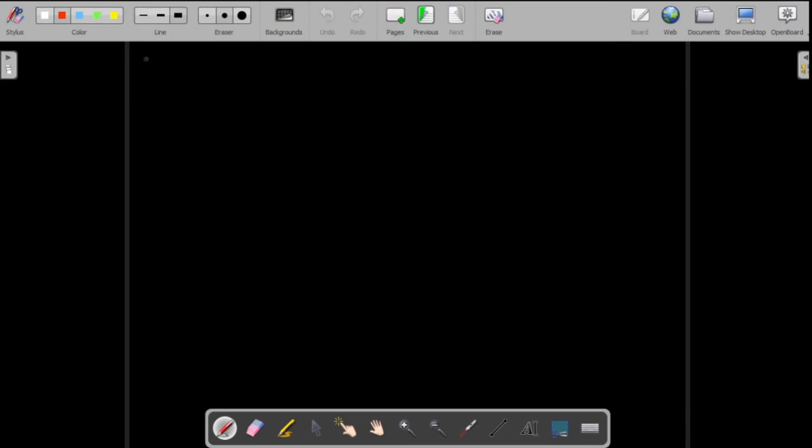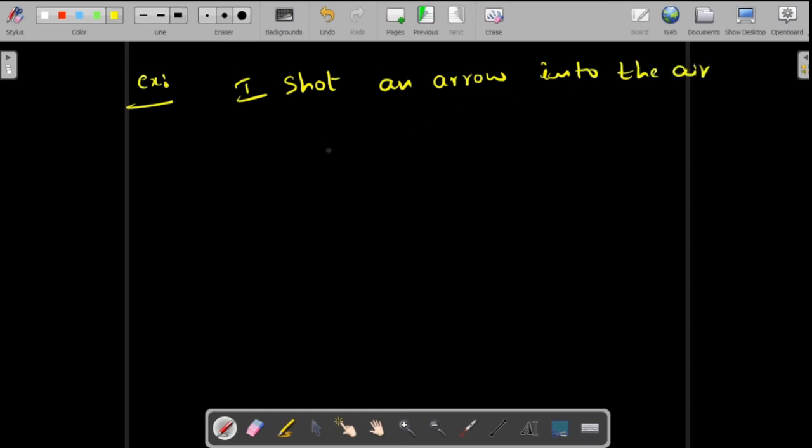Example 1. If you try this one, it is easy for you. I shot an arrow into the air. In this sentence, which is the subject, which one is the predicate? I is the subject.